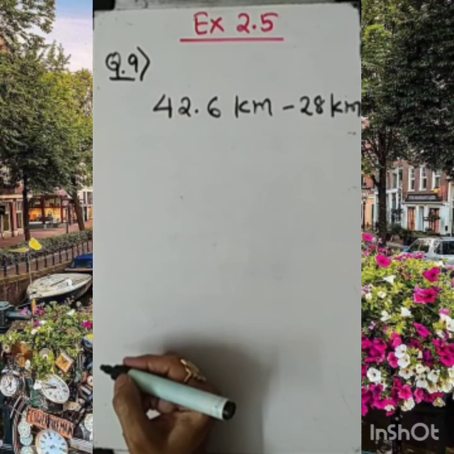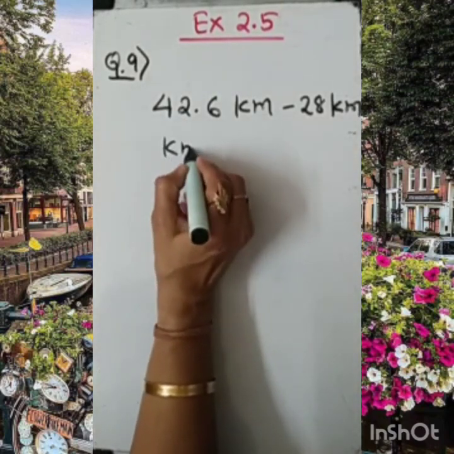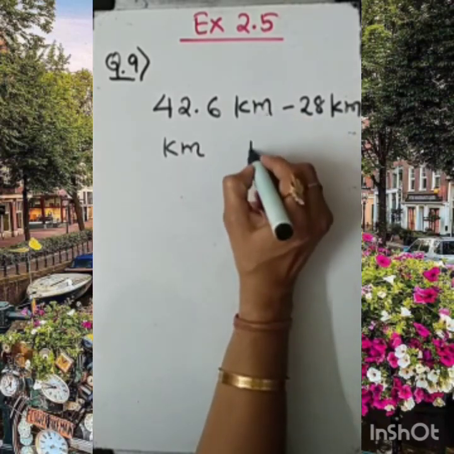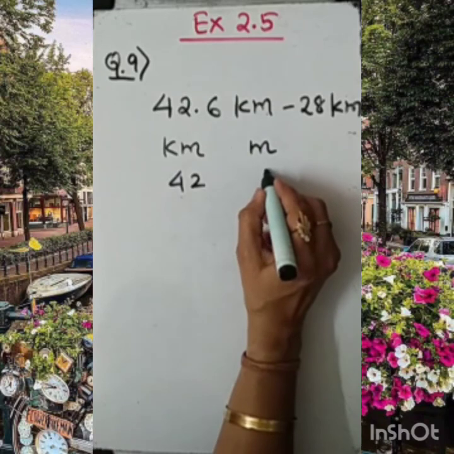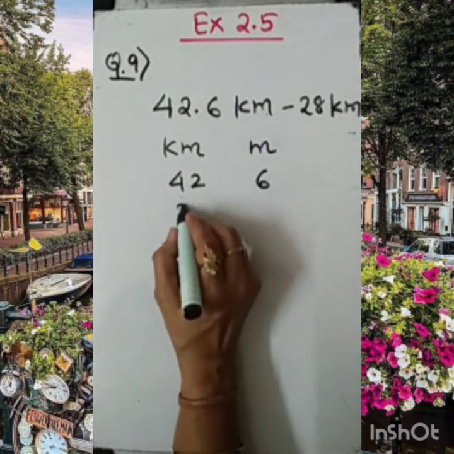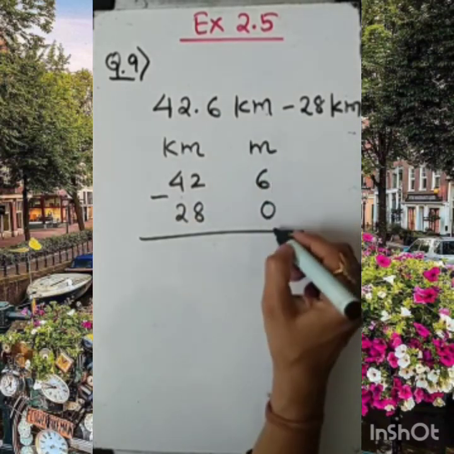So how to work that out? We know that before the decimal the quantity is kilometer, this side it is meter. So we mention 42 and this 6, and only the integer part 28 is here, so I need to write 0 in place of meter.